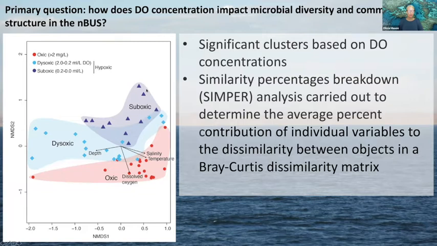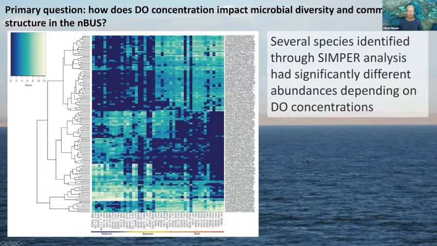So what microbes are really contributing to the differences that you see in these clusters? That's the next thing that you want to determine. So that analysis revealed that there were several hundred microbes that were really contributing to differences in those samples and how they clustered.